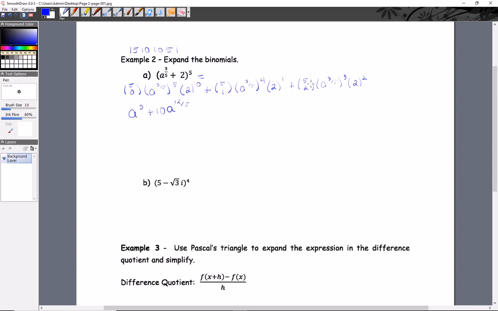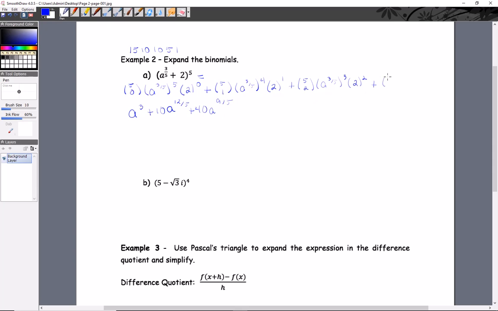So if you do this on your calculator, it should be 10. There's 10 ways to pick 2 things from a group of 5, and 10 times 4 should give us 40. So plus 40. And then we'll figure out the exponent. Isn't that 9/5? Okay. So then we'll go on.